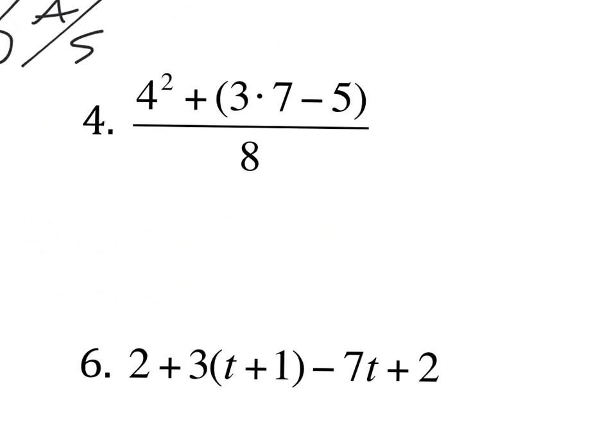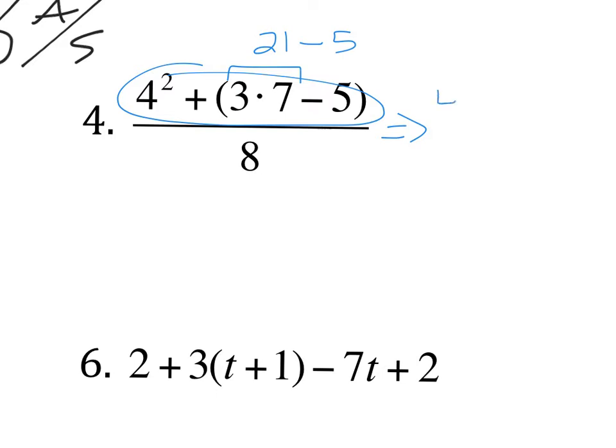Number 4. Again, order of operations is still going to apply. I'm going to take care of everything that's up in this top part first. Let's do the parentheses first. 3 times 7 is going to be 21, and 21 minus 5 will be 16.